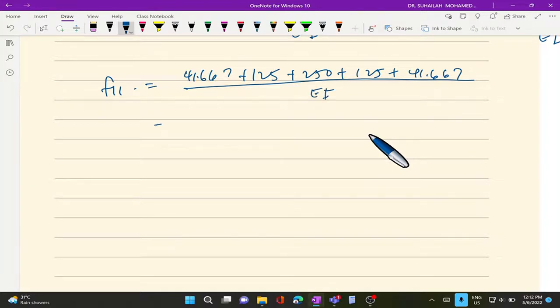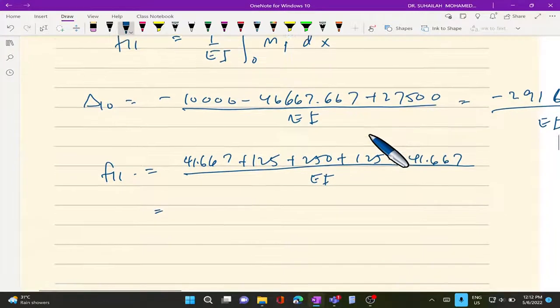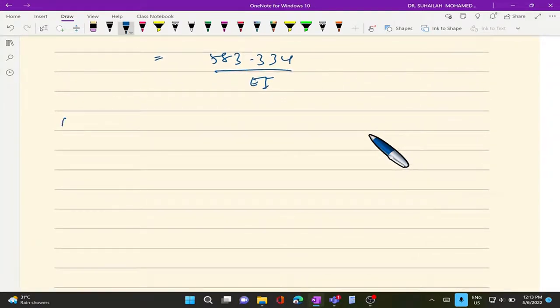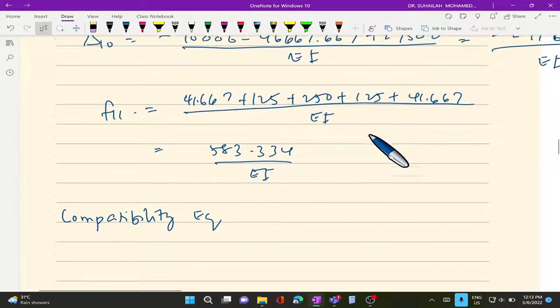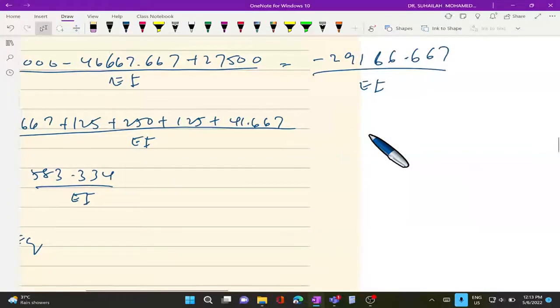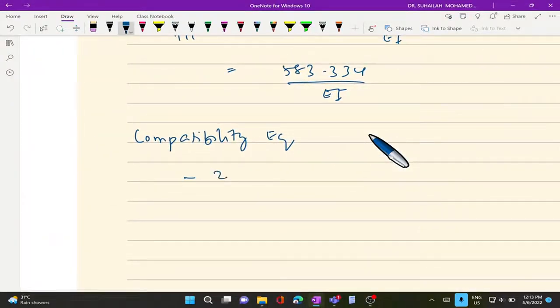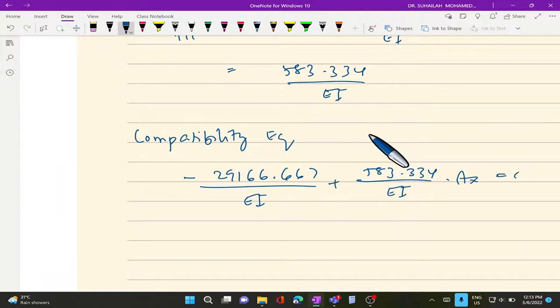Over EI, it is 583.334 over EI. Then we substitute into the compatibility equation: negative 29166.667 over EI plus 583.334 divided by EI times AX equal to 0.